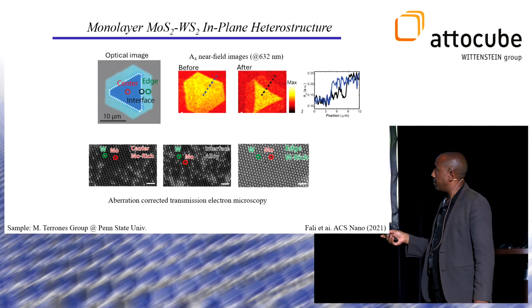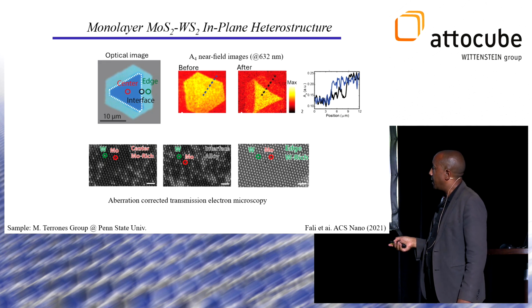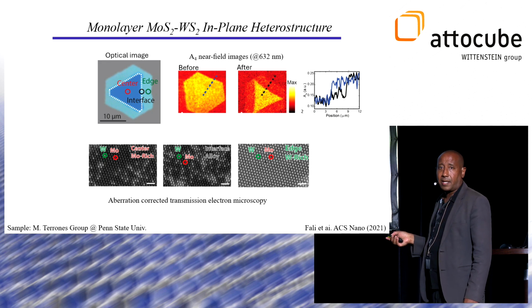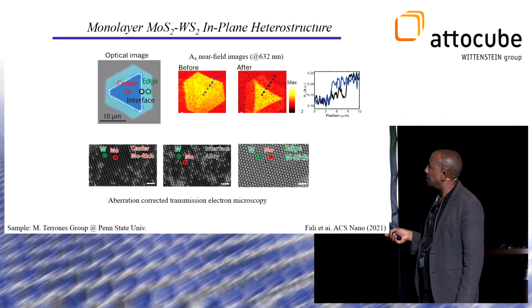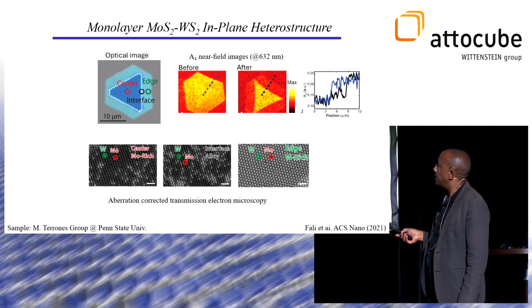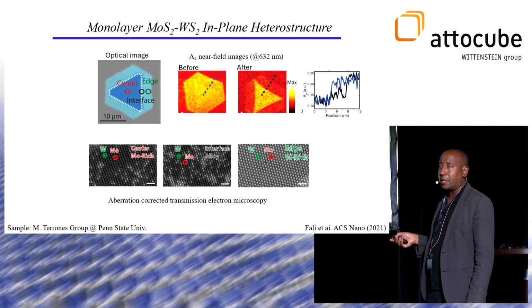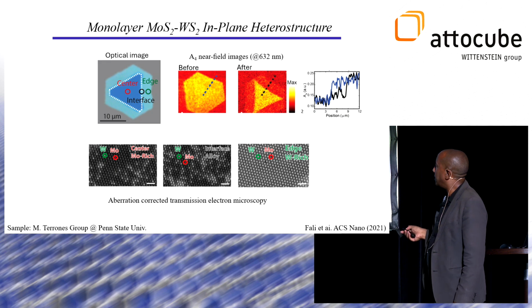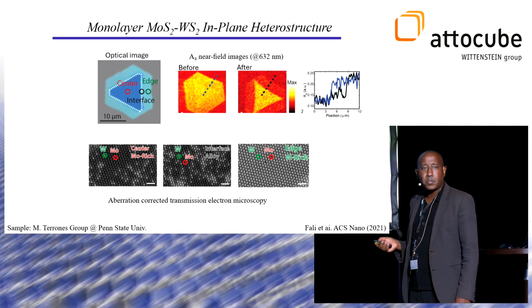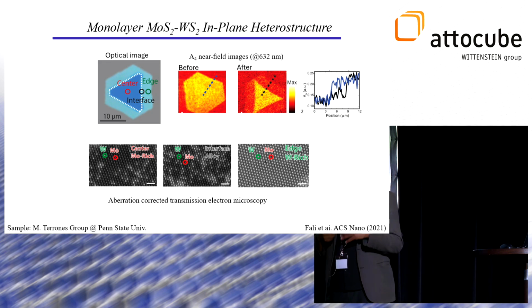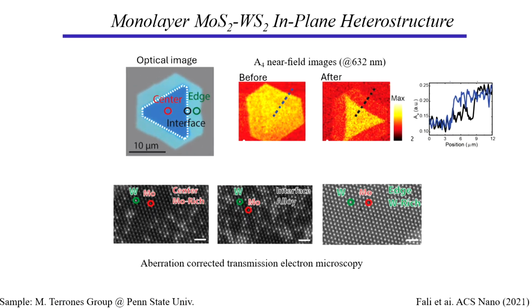This was confirmed by electron microscope images here, where you see that the interface is highly alloyed. It has both tungsten and molybdenum mixed, compared to the center, which is molybdenum rich, and the outer layer, which is tungsten rich. So the interface plays a role in protecting the sample. So we explained it in that way.